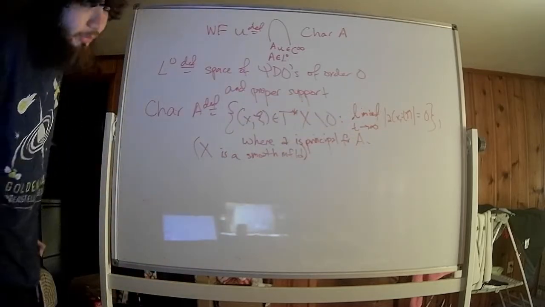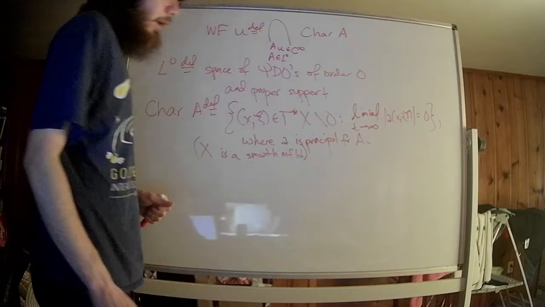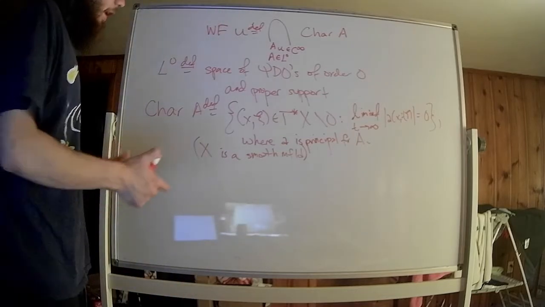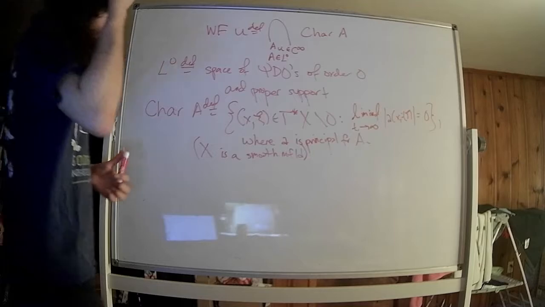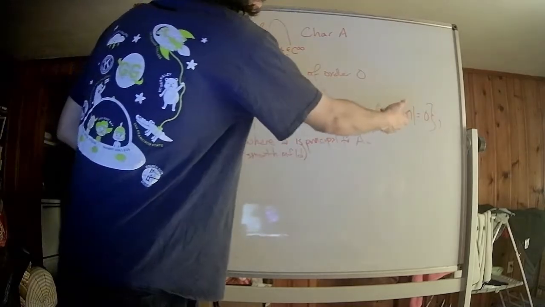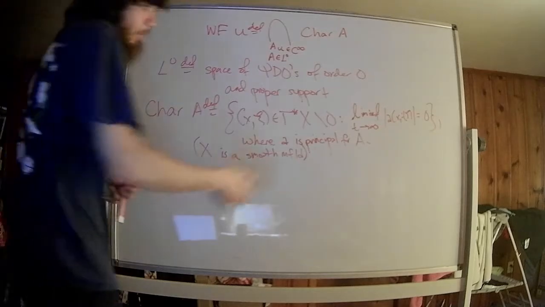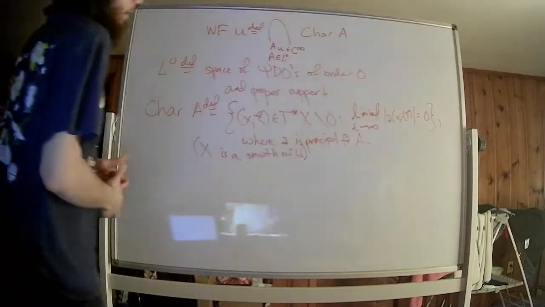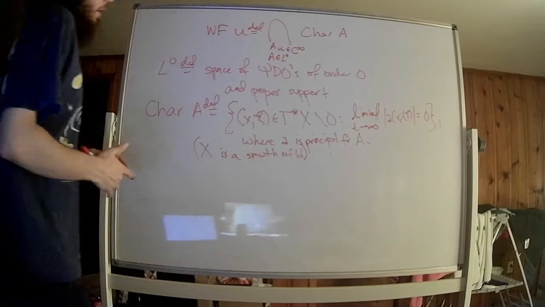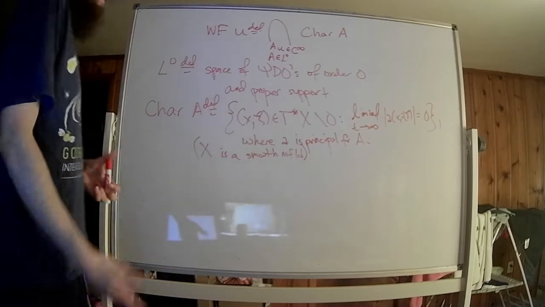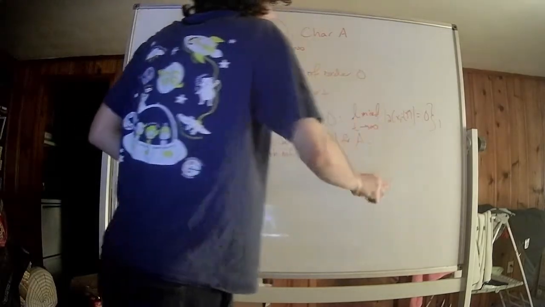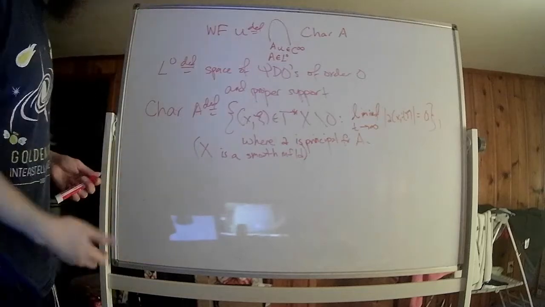But the principal symbol is defined invariantly. For this definition, if the principal symbol goes to 0, then any other symbol is going to go to 0. So we might as well just take it to be the principal symbol, because the principal symbol dominates everything anyway. So this is well defined regardless of the choice of representative of the principal symbol.